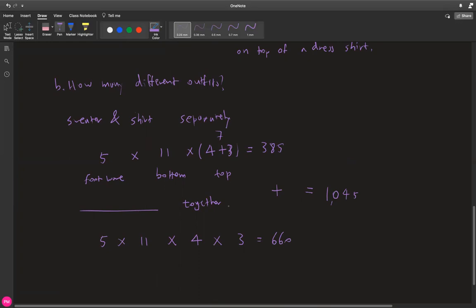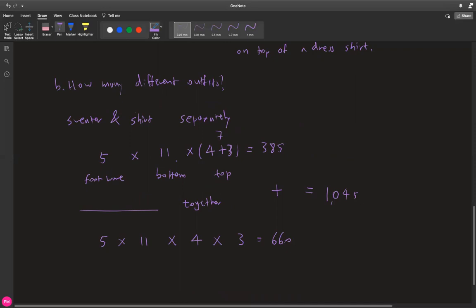I understand in this case it could be very confusing, and it may not be very clear why you have to divide it into 2 different cases. It's because you have different choices. You can either decide to wear them separately or together.